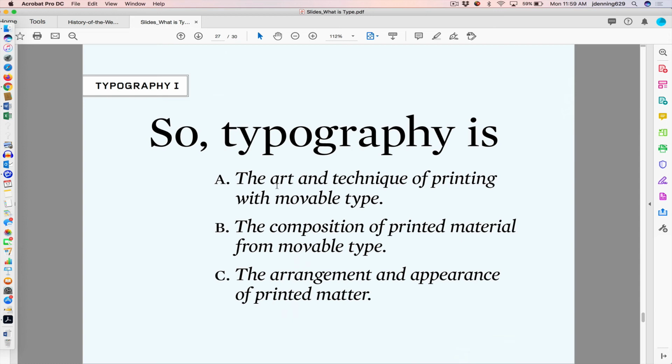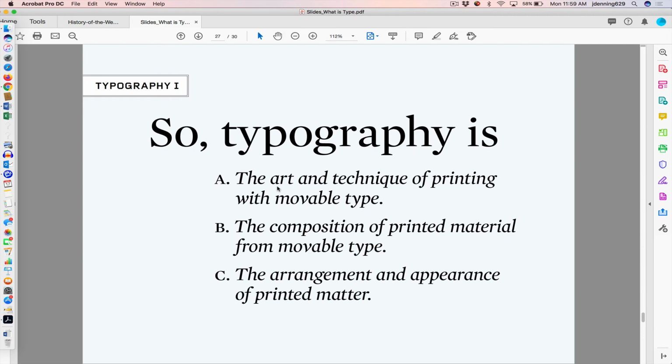So going back to what we originally started with, what is typography? It's a lot of things, but we can think of it for the purposes of this class as the art and technique of printing with movable type, which is important, the composition of printed material for movable type, and the arrangement and appearance of printed matter.